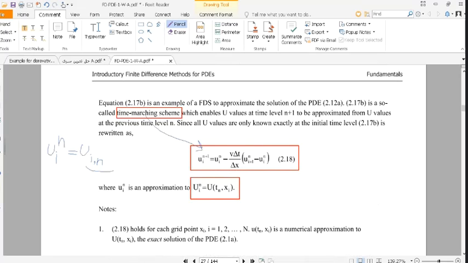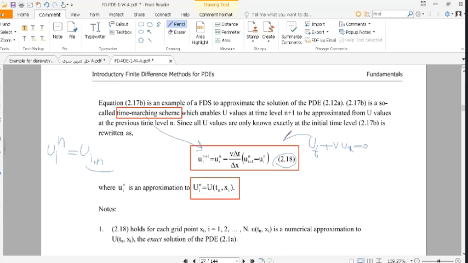The next session, we want to use 2.18 to solve the PDE. The original PDE is u_t plus v u_x equal to 0, okay?